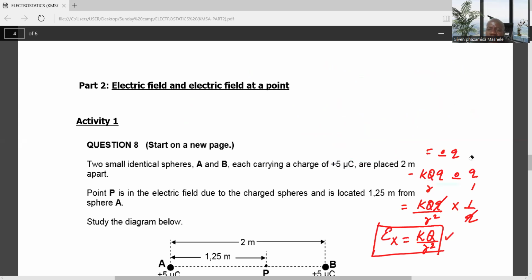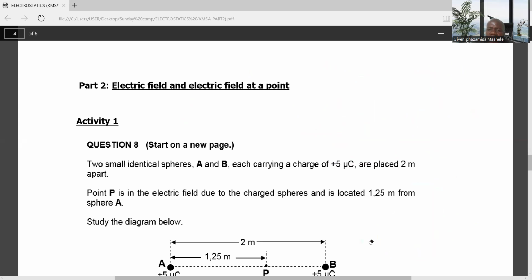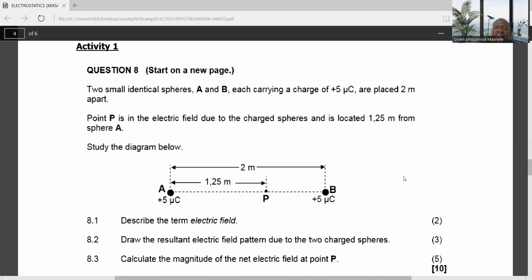It says two small identical spheres, A and B, each carrying a charge of 5 microcoulomb. So we're given 2 small identical point spheres, each with a charge of 5 microcoulomb, which is 5 times 10 to the power minus 6.